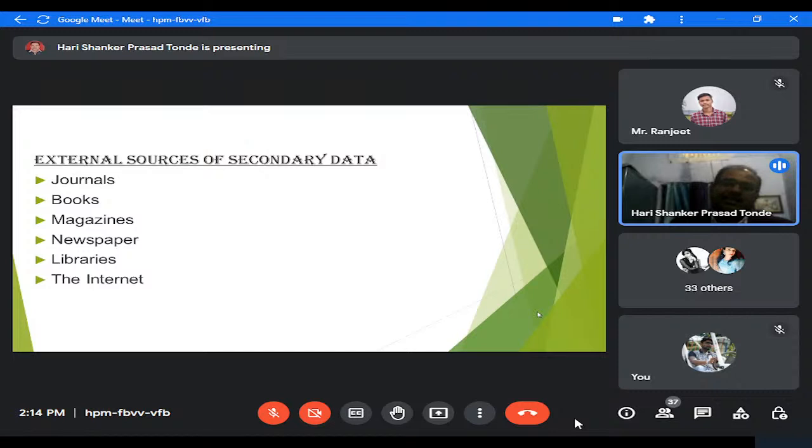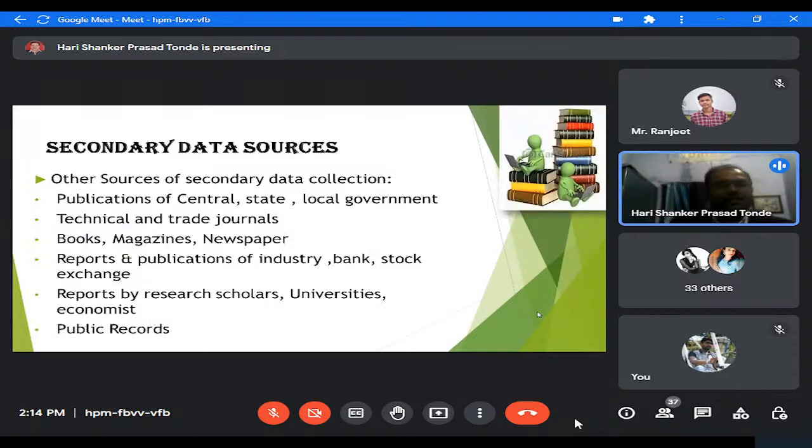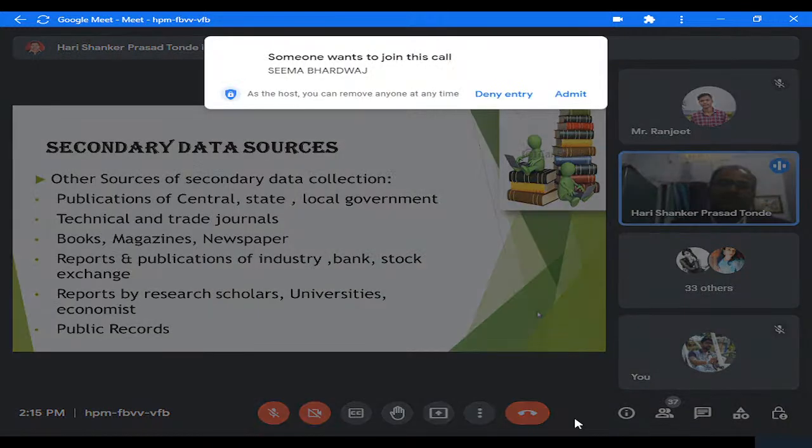The internet is also one medium for collecting external sources. Other sources of secondary data collection are publications of central, state, and local government. Various publications are there, for example gazettes. You have heard about gazettes. That is a source of secondary data already implemented by the government, which we use for our concerned work.